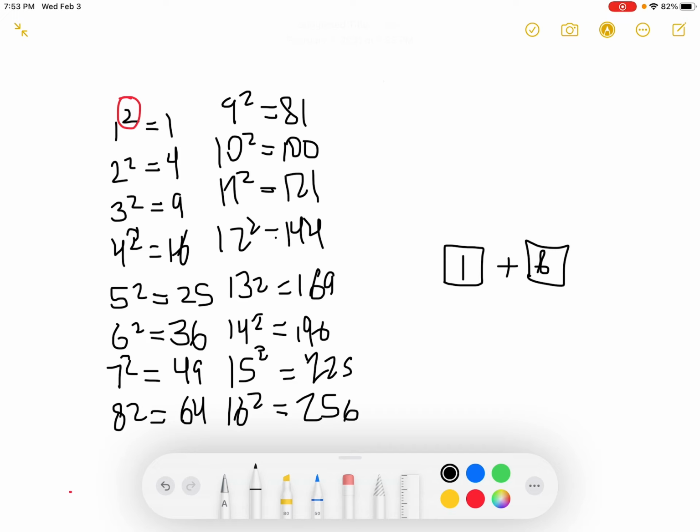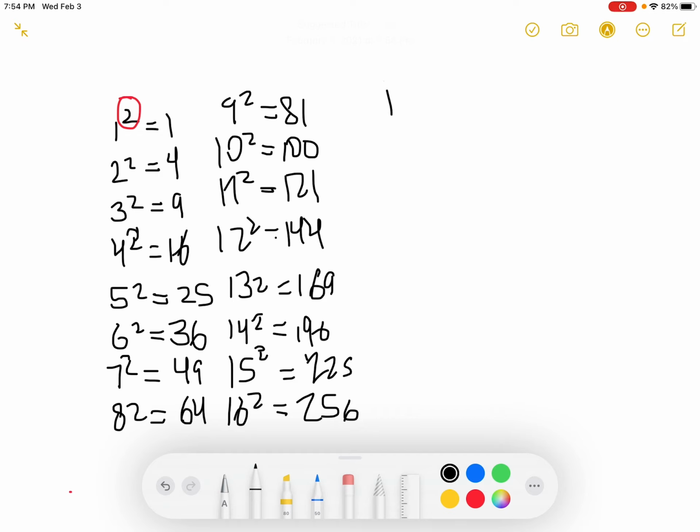Then you can do this button, x squared. Also, you can just do caret 2. Now, for doing cube root, which is to the third, you would have to use this button. But you don't have to use it for square because there's a squared button separate.